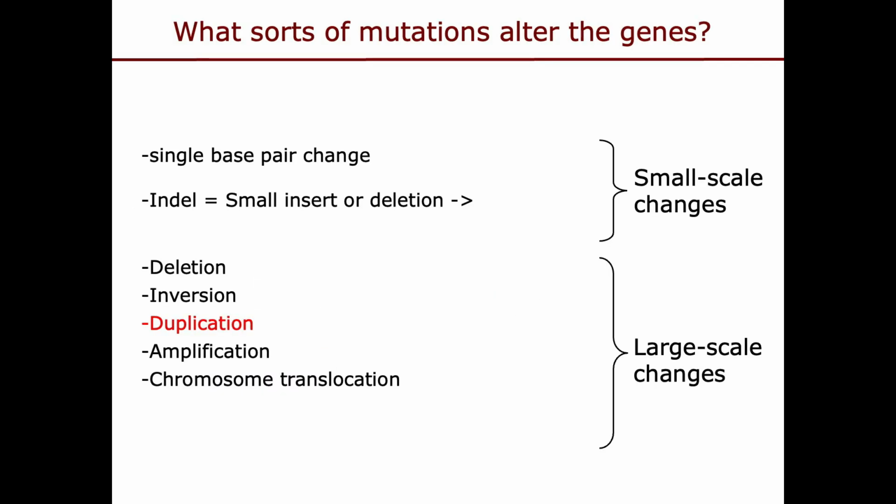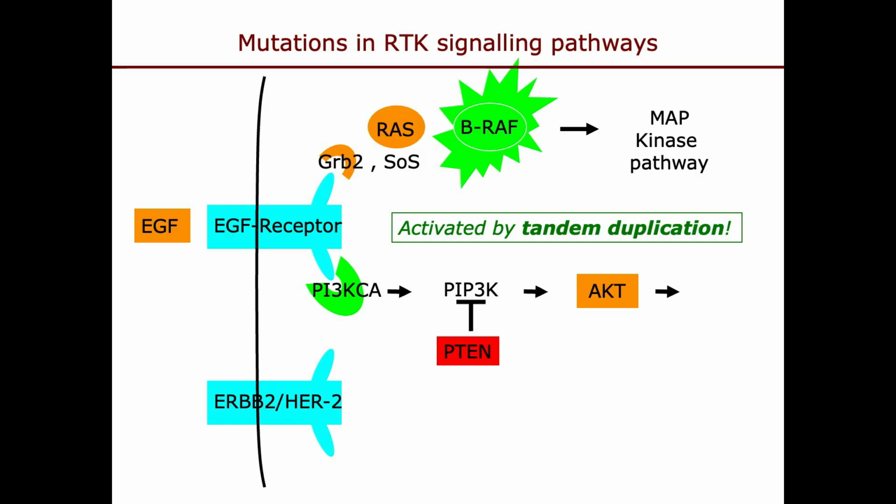Duplication is another example of a way of activating a gene, and this occurs in the case of BRAF.